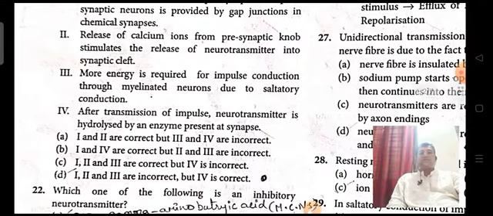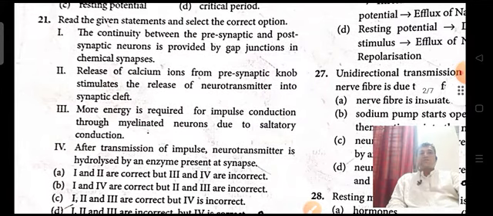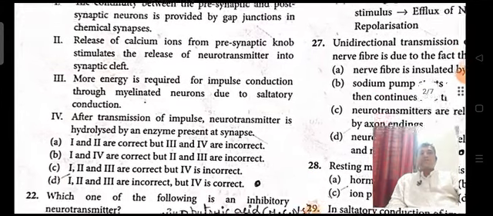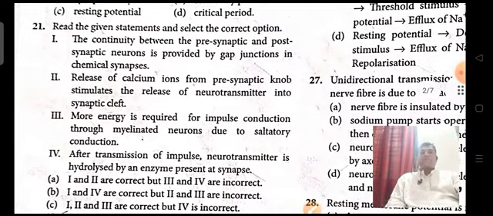You need to select which options are the correct ones. The continuity between the presynaptic and postsynaptic neurons is provided by gap junctions in chemical synapses. Release of calcium ions from the presynaptic knob stimulates the release of neurotransmitter into the synaptic cleft.